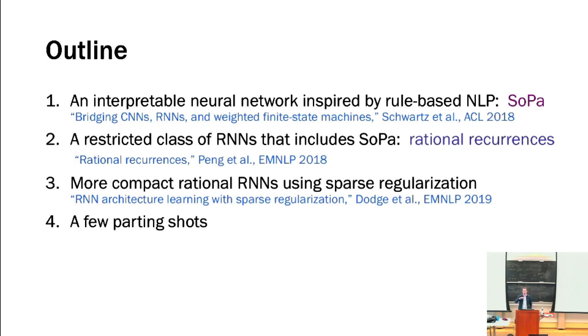There will be experiments sprinkled all the way through, and I'll talk about more recent work published just at EMNLP last month on using sparse regularization to get more compact rational recurrences, with much less work than is traditionally done to make models smaller. And then I'll close with a few high-level thoughts and invite your thoughts.